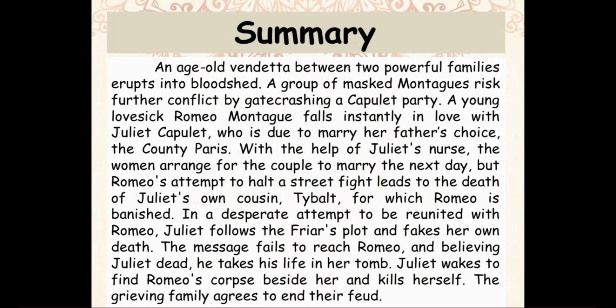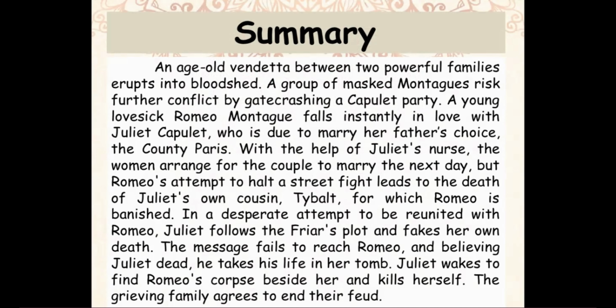A young, lovesick Romeo Montague falls instantly in love with Juliet Capulet, who is due to marry her father's choice, the County Paris. With the help of Juliet's nurse, the women arrange for the couple to marry the next day. But Romeo's attempt to halt a street fight leads to the death of Juliet's own cousin, Tybalt, for which Romeo is banished.